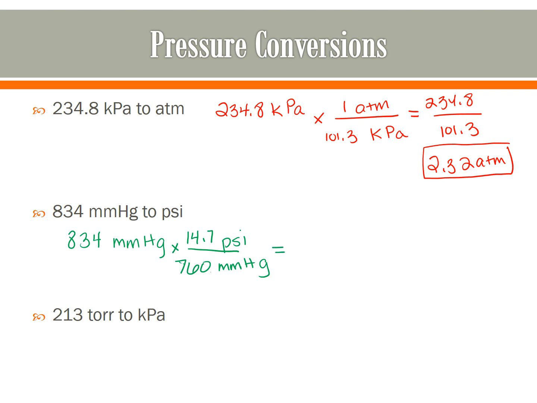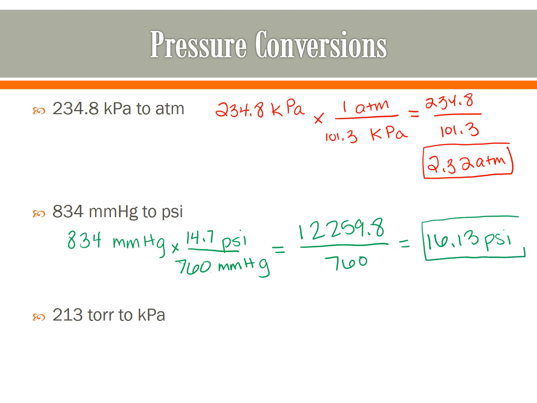So I'm going to do 834 times 14.7. I get 12259.8. I need to divide that by 760. I get 16.13 psi.